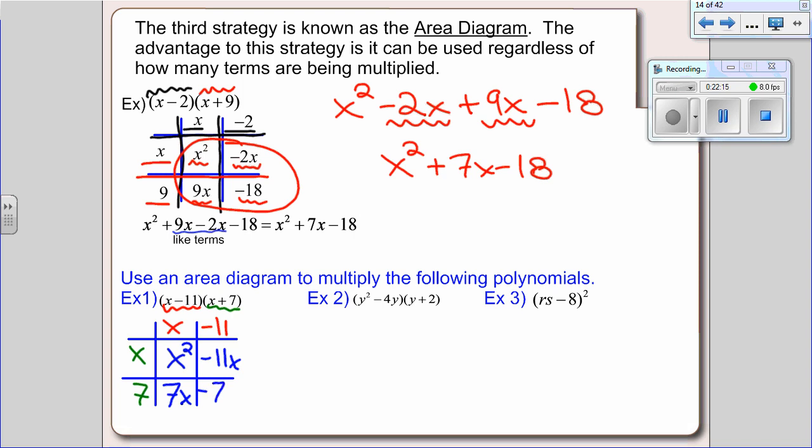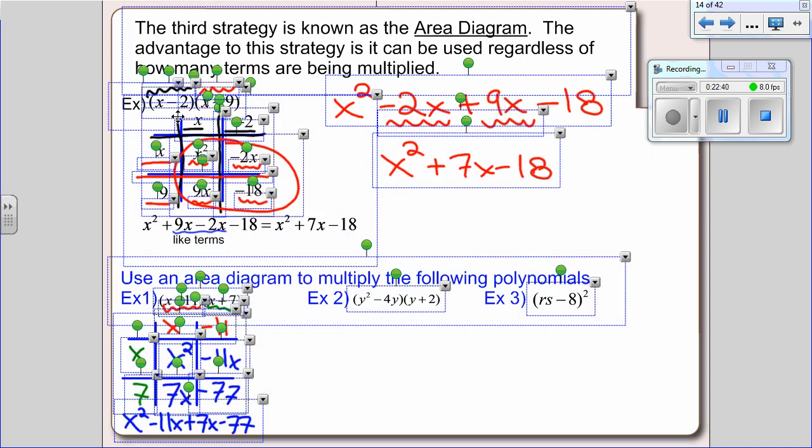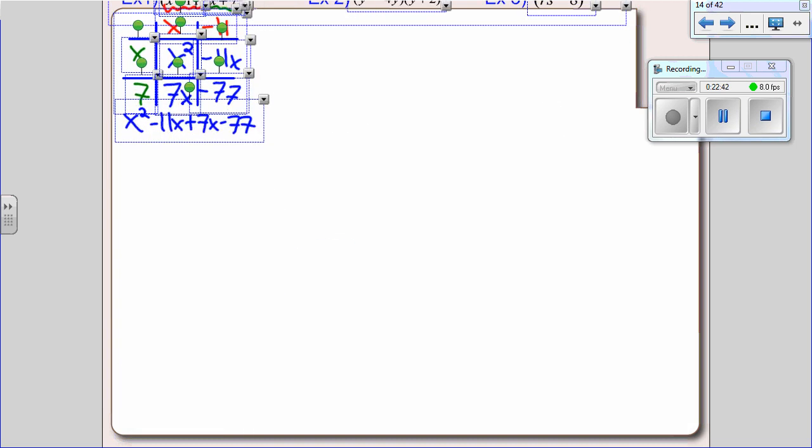You write all 4 out and then combine any like terms that you have. So this would be x squared, I'll move this all up in a second, minus 11x plus 7x minus 77. That's all my things in blue, written out into one polynomial.